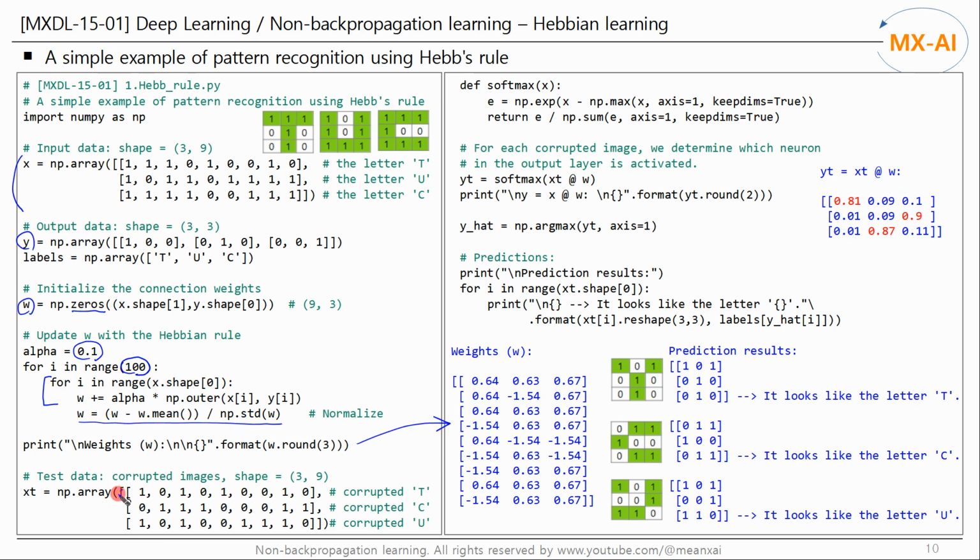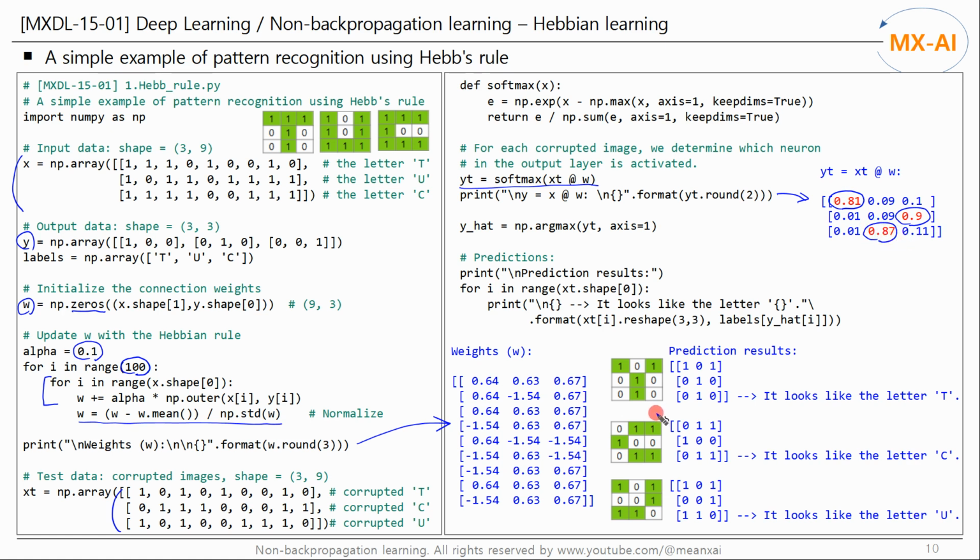Next, let's input 3 partially corrupted patterns into the network. The output of the network for each pattern is as follows. When the first pattern is input, the first neuron in the output layer is activated. When the second pattern is input, the third neuron is activated. And when the third pattern is input, the second neuron is activated.